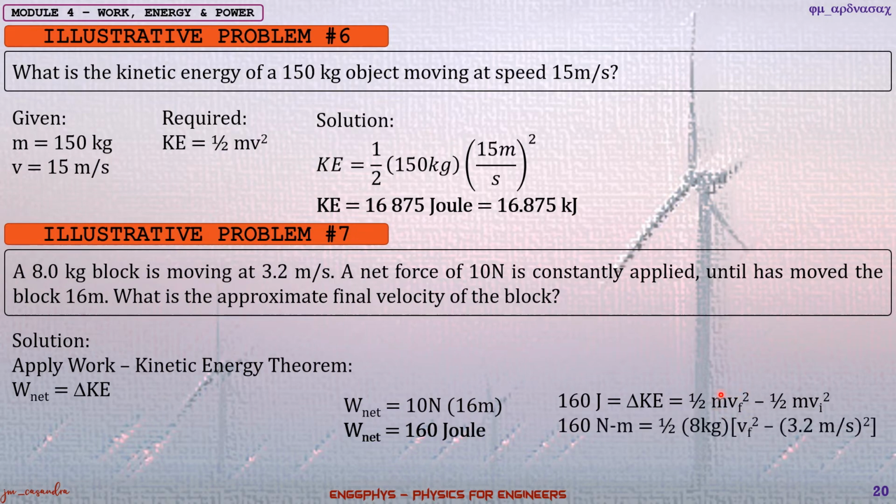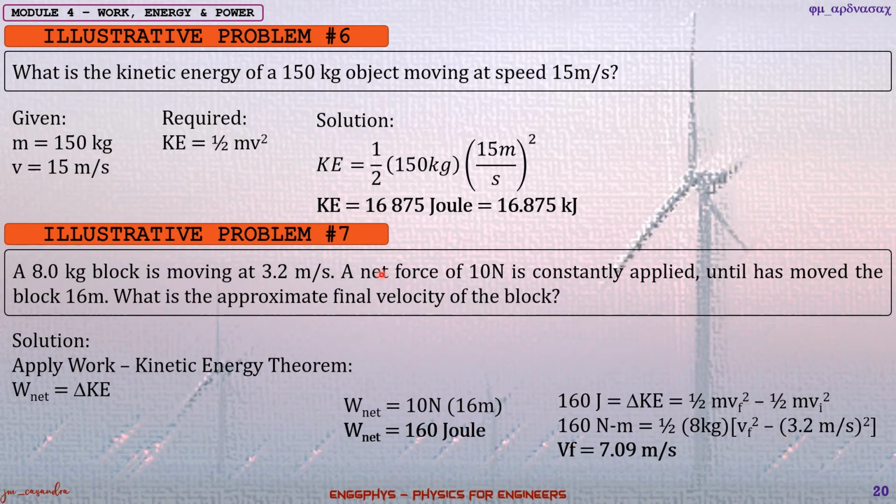Or we could write this as 160 joules, which is the same as Newton meter, equal to 1/2 times the mass, 8 kilograms, times the quantity Vf squared minus 3.2 squared, giving us a value of Vf equal to 7.09 meters per second.